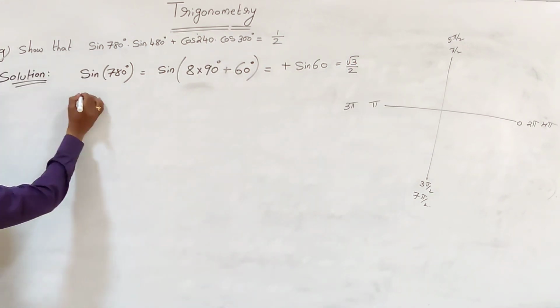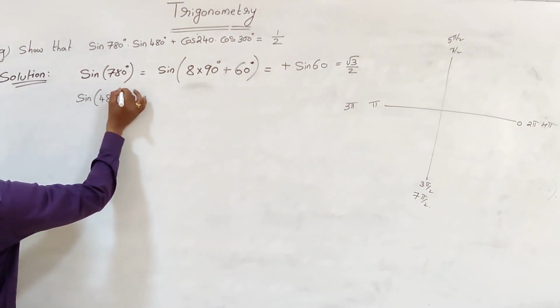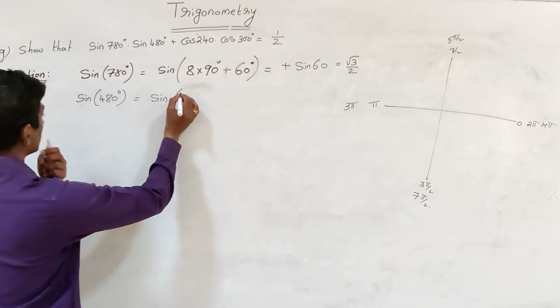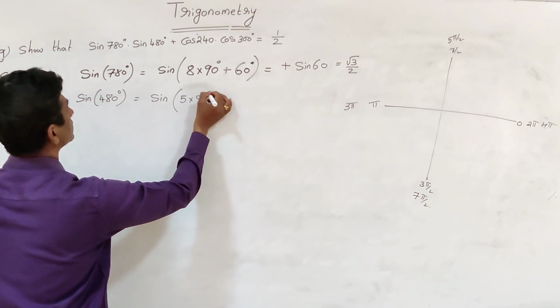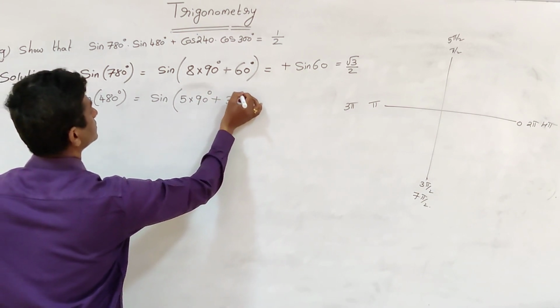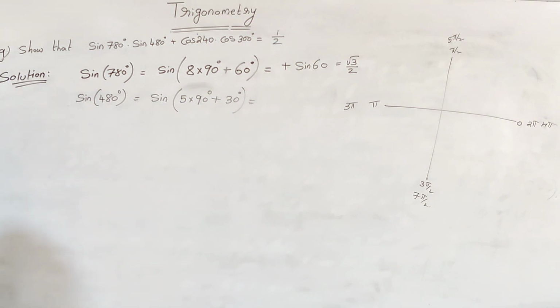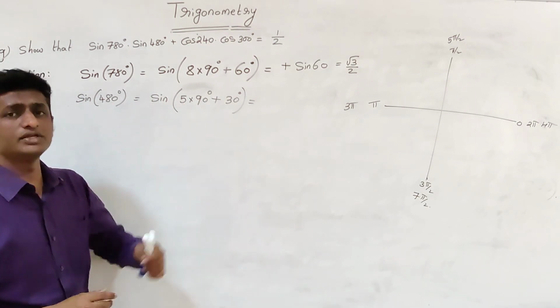Next, coming to sine of 480 degrees. That will be sine of 5 into 90 plus 30 degrees. Is 5 times 90 an odd multiple or even multiple? It is an odd multiple. So if it is odd, the trigonometric ratio changes.